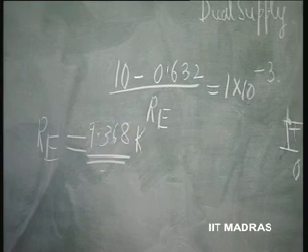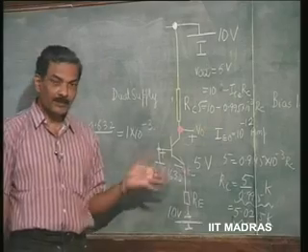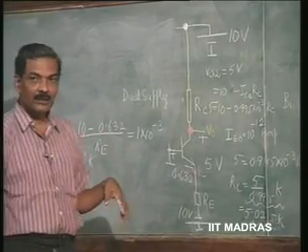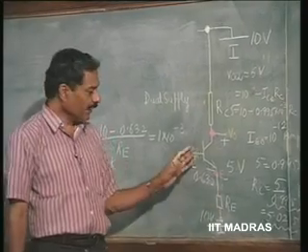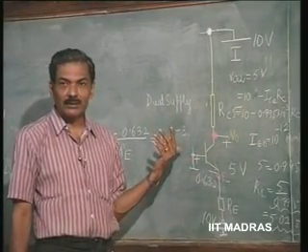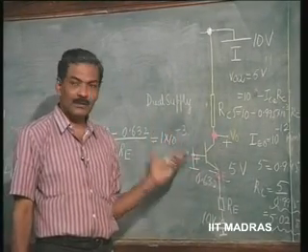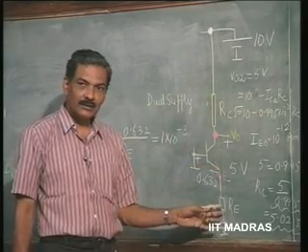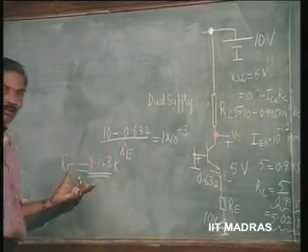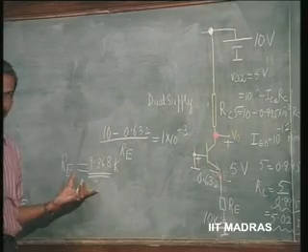9.368 kilo. If that is fixed, then now look at it, irrespective of the transistor beta, since I am fixing IE itself, the base current will have to adjust itself. As beta changes, base current will change, that is of no consequence. Emitter current remains constant. So, this is a stable way of biasing a transistor.